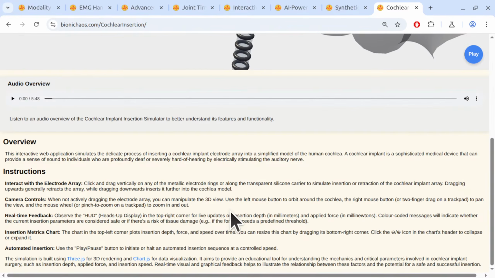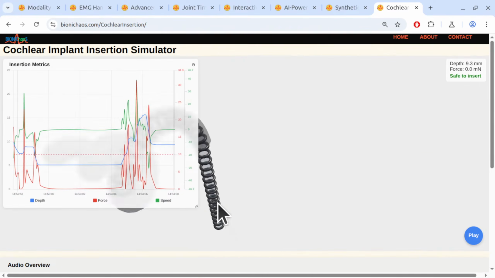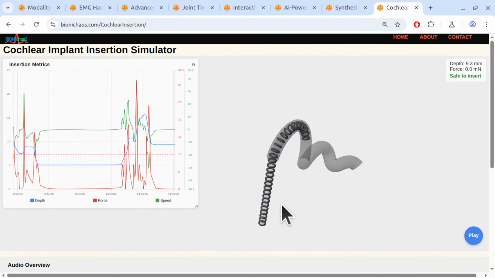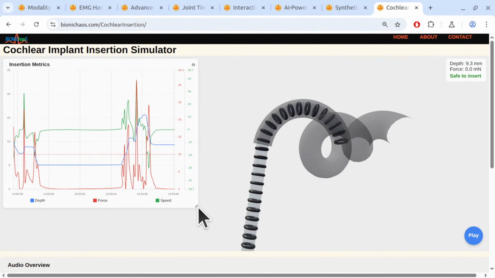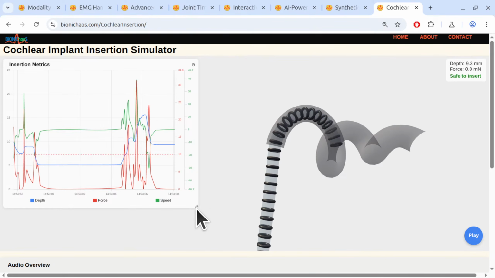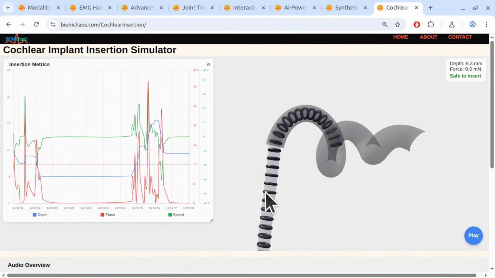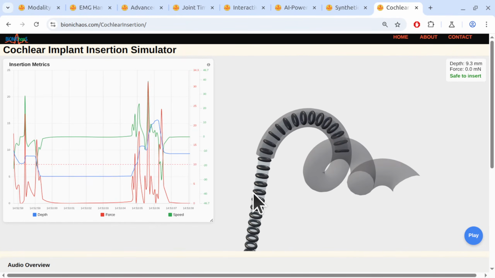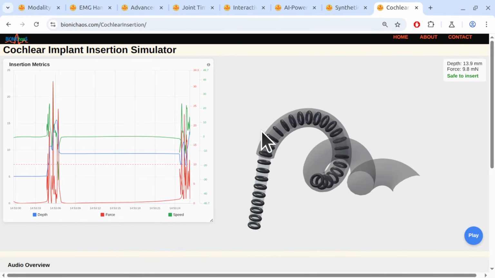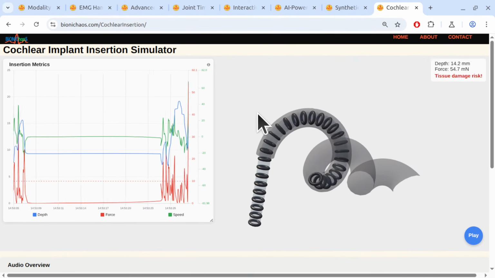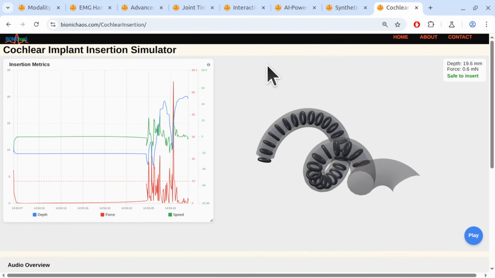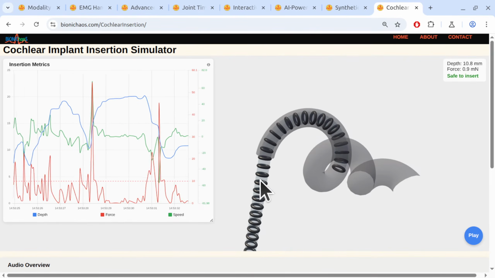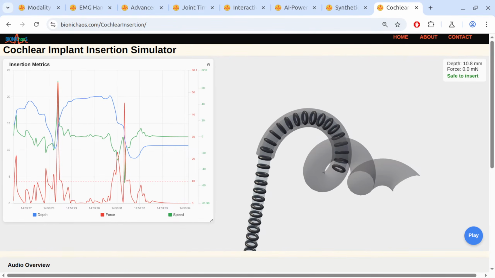You can scroll through the page on touchscreen, you can rotate your 3D model, change the size of this chart, but most importantly you should be able to move the electrode array into the cochlea structure. So let me know if there are any specific questions.